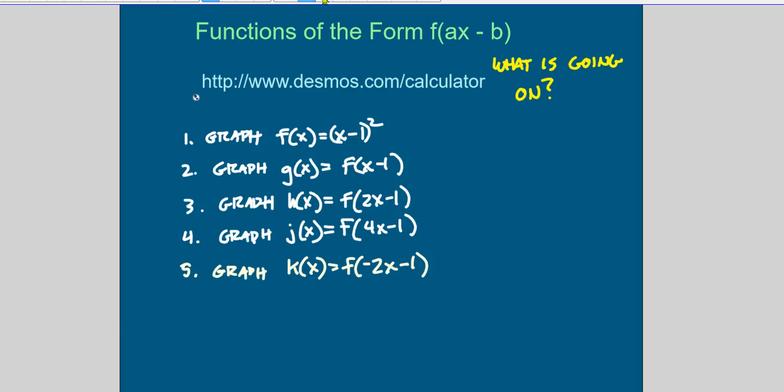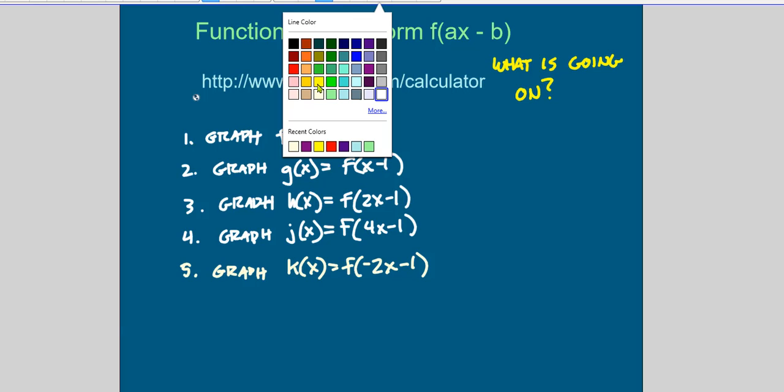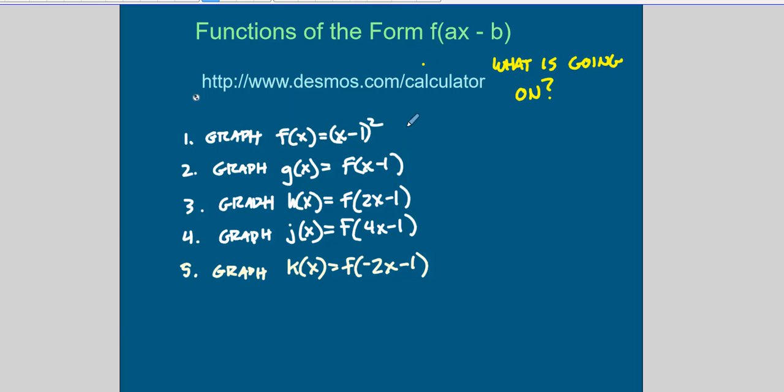So let's write out what we did here. This is going to be shift x squared 1 right. Okay, this shifts f 1 right. So it's actually shifting x squared 2 units right. Now, what does this do?